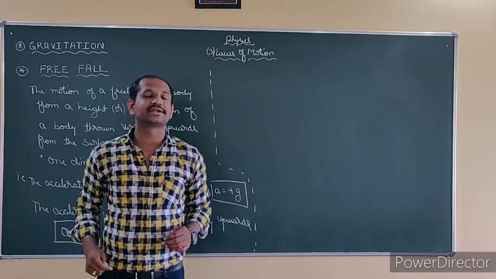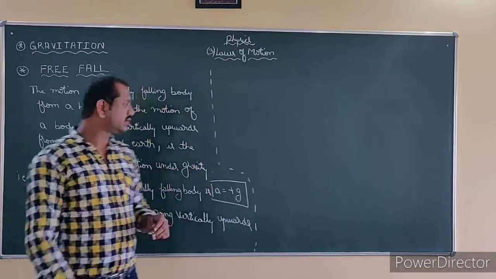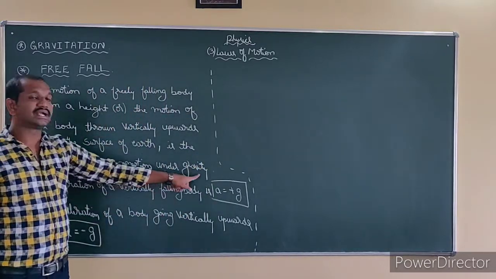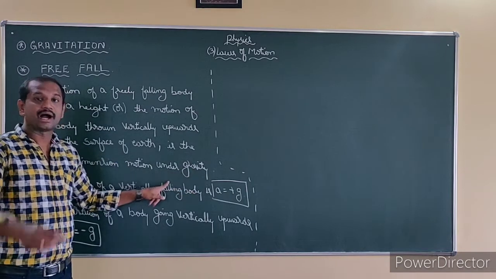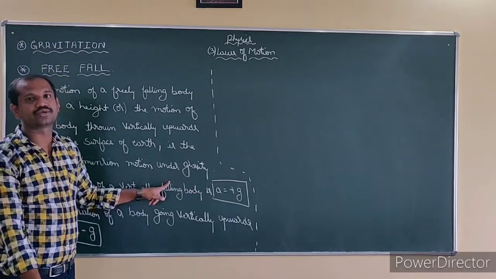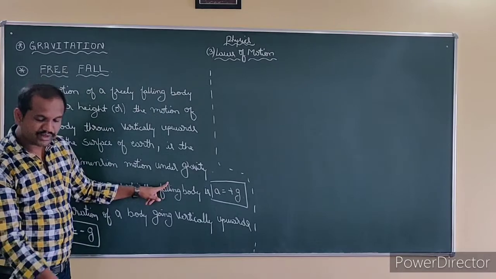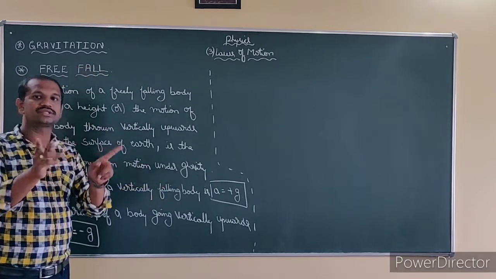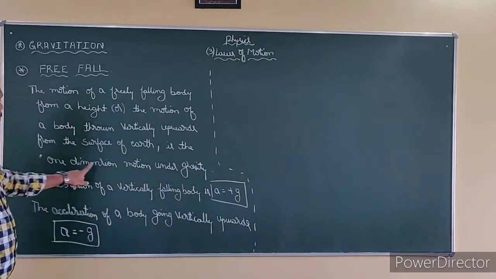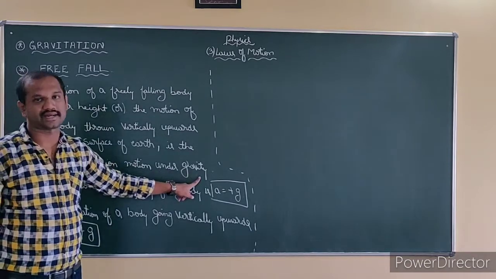Here also we are considering the same thing. When a body is moving freely towards the earth or moving vertically upwards, both situations are considered one-dimension motion under gravity.